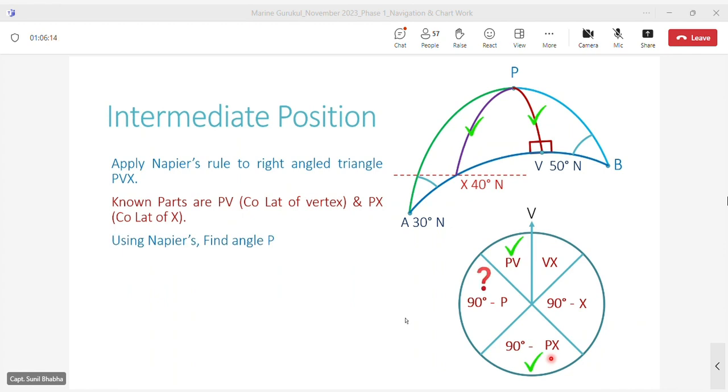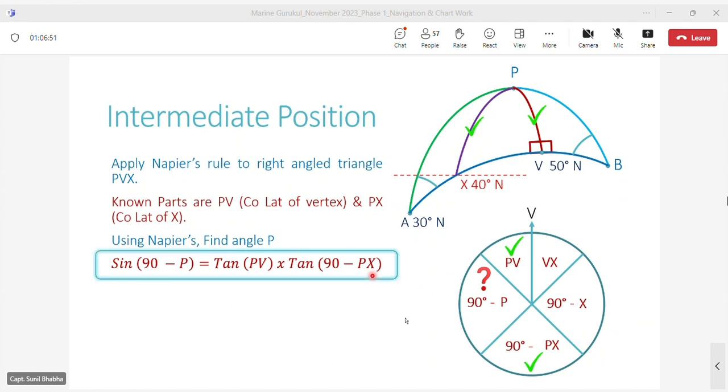Now using the Napier's rule, we find out angle P of this triangle. So you can see a question mark coming up here at angle P. Applying the Napier's rule, 90 minus P becomes the middle part. Papa Victor and 90 minus PX become adjacent parts. So Napier rule gives the relationship: sine of middle part 90 minus P is equal to tangent adjacent part 1, tangent PV, into tangent adjacent part 2, 90 minus PX. Right hand side PV and PX are both known.